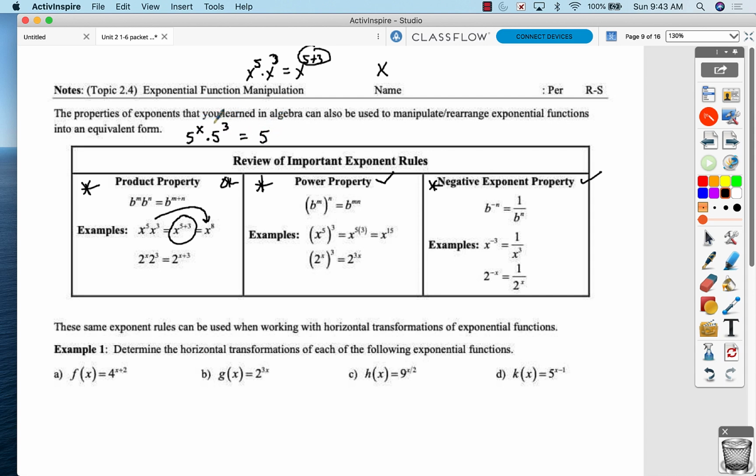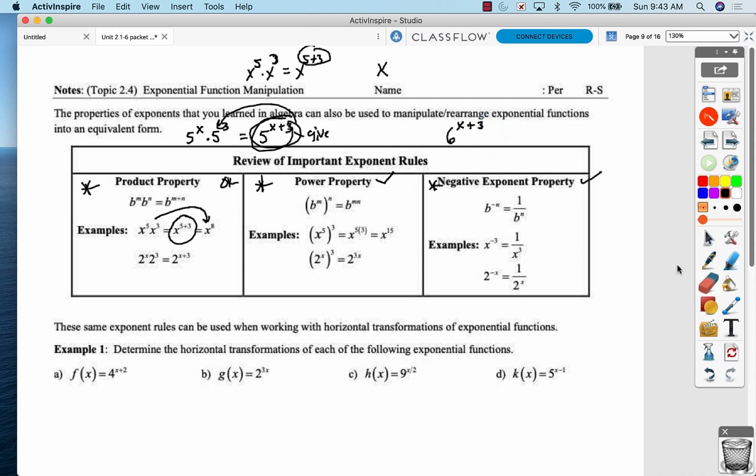You can't add this because there's an x. I mean, you could add it, but you're not going to get a real number. So it's like x plus 3. Okay? So a lot of times here, they're actually going to give you this, and you have to be good at this rule to work that way. So they're going to be saying something like this. What's 6 to the x plus, let's say, 3?